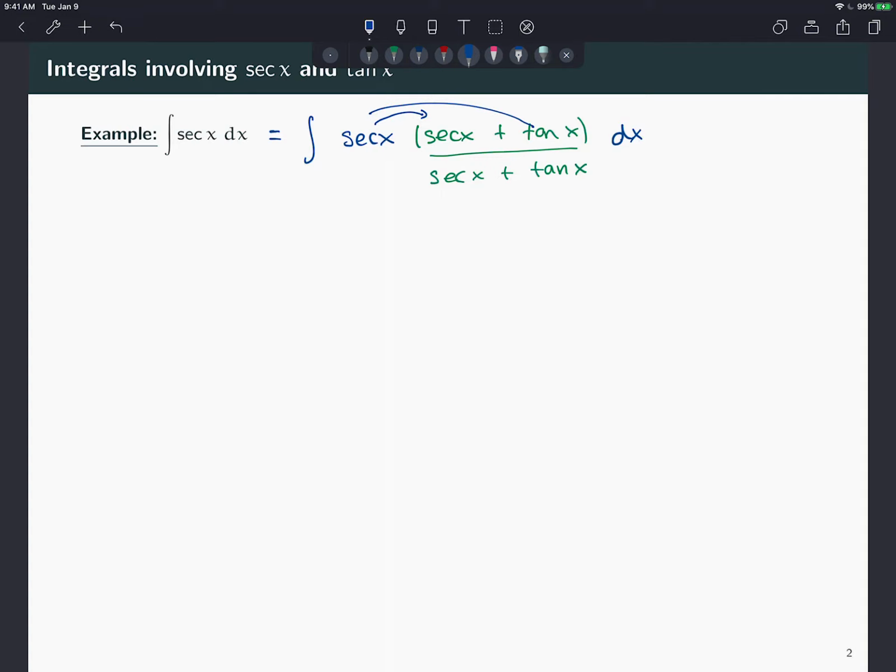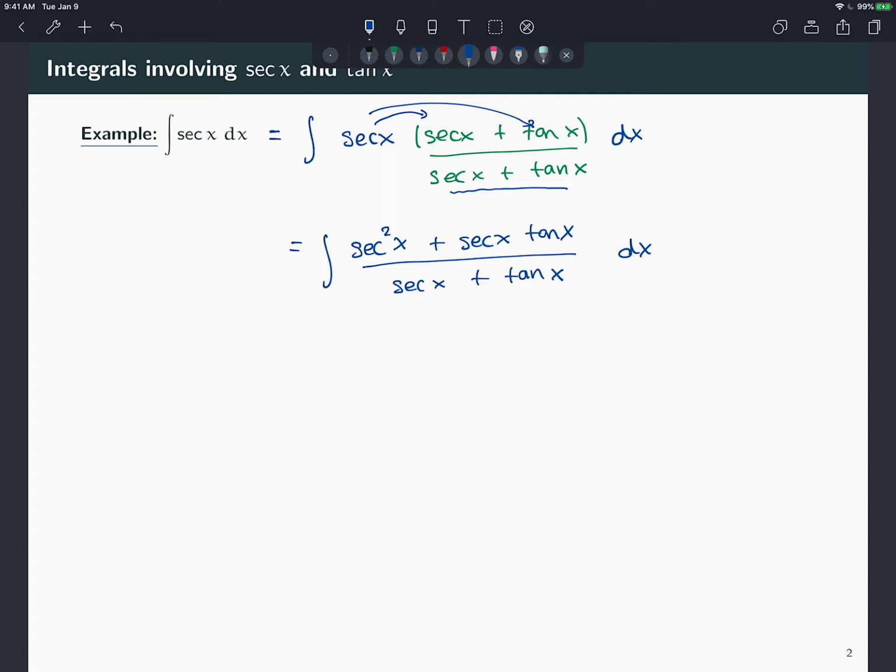The second one is going to be secant tangent, which is the derivative of secant. And I have exactly that in my denominator. So let me write it down. This becomes the integral of secant squared of x plus secant x tangent x, and in the bottom I have secant x plus tangent x.